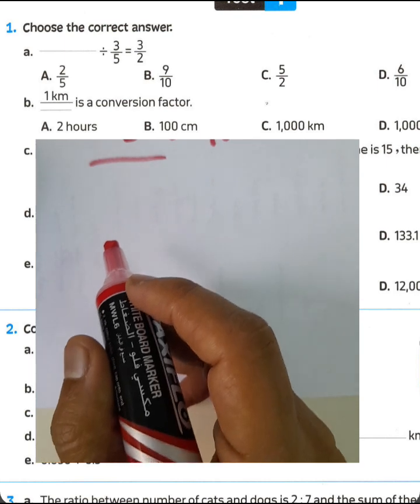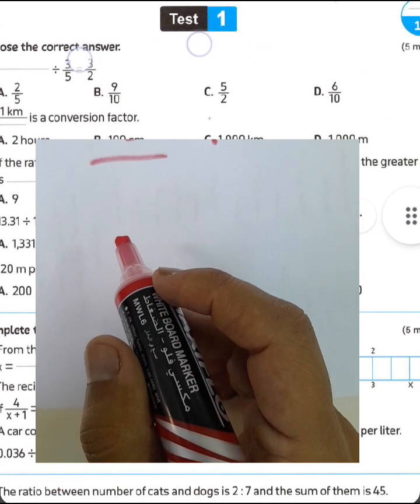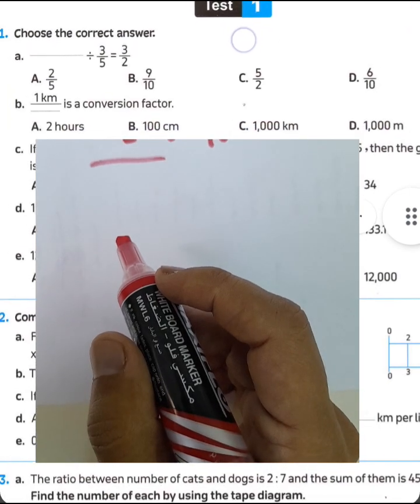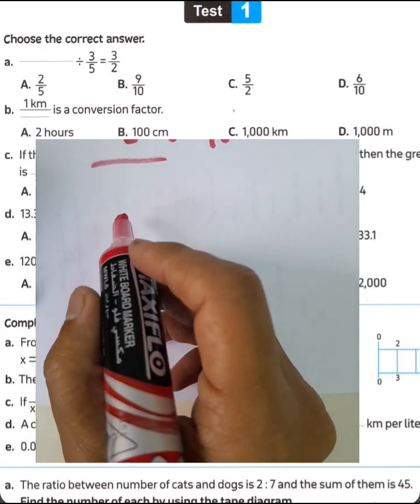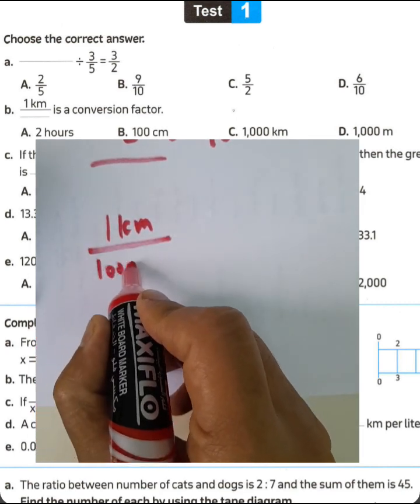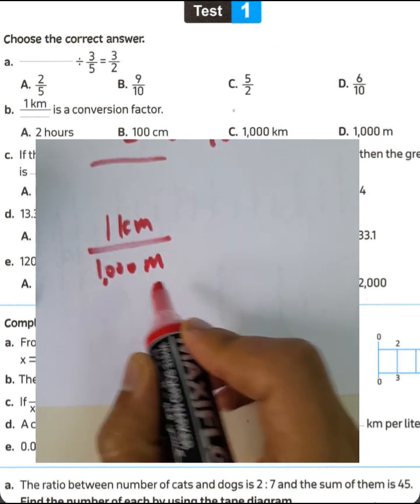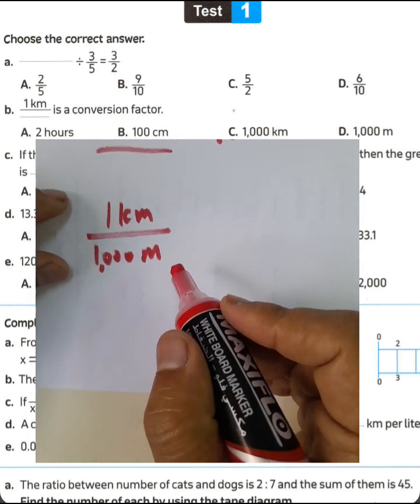Then we can write 1 kilometer over 1000 meter. We call it a conversion factor because the numerator is 1 kilometer and the denominator is 1000 meter, and we convert from kilometer to meter by multiplying by 1000.